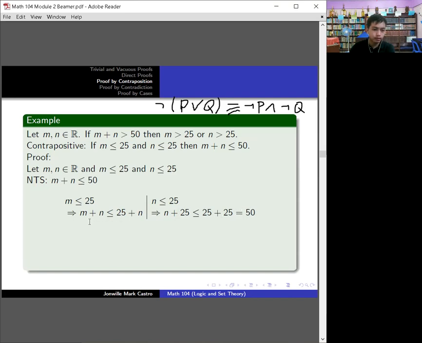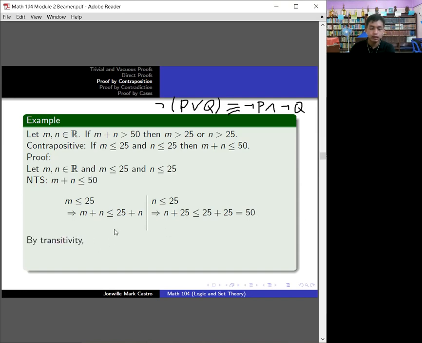So meron tayong m plus n less than or equal to 25 plus n and n plus 25 less than or equal to 50. So 25 plus n and n plus 25 are the same, so commutativity. Therefore, meron tayong transitivity.